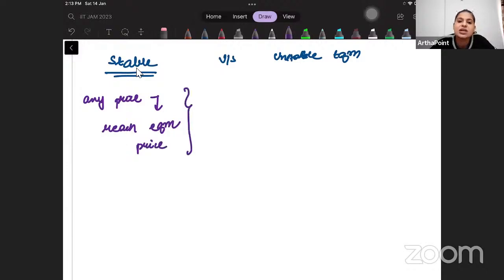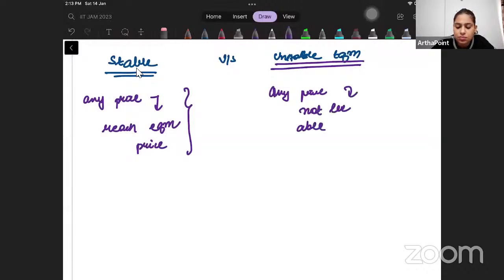That is called a stable equilibrium. An unstable equilibrium is any equilibrium such that when you start from any price, you will not be able to reach the equilibrium price. That becomes an unstable equilibrium.